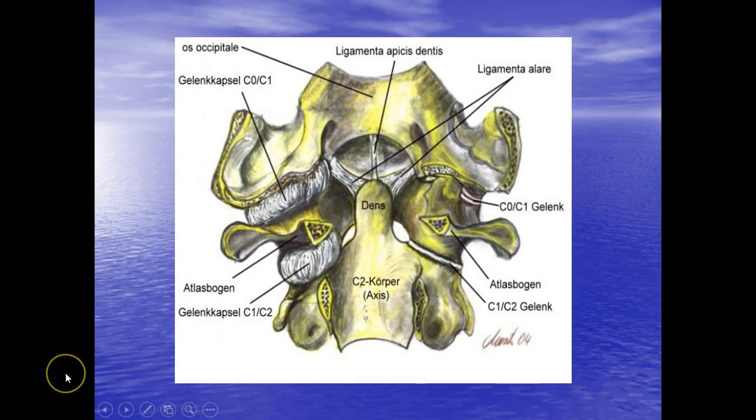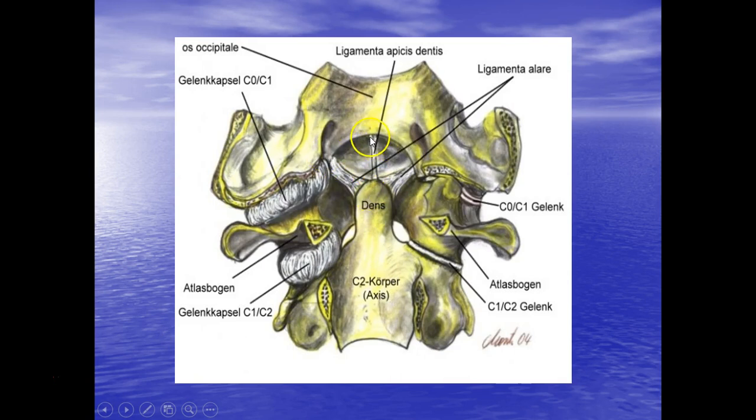So this is a deeper view of that last diagram, obviously taken from a German anatomy textbook, but the body of C2 or axis, the dens projecting upwards, the anterior arch of Atlas in here, and then the tectorial membrane has been cut away, the cruciform ligament has been cut away just to show the alar ligaments running upwards from the upper surface of the dens on each side to the inner border of the foramen magnum.